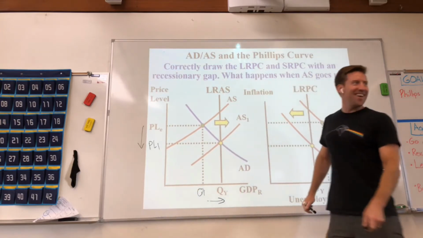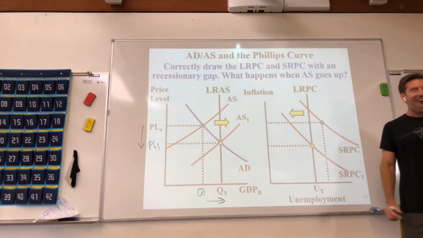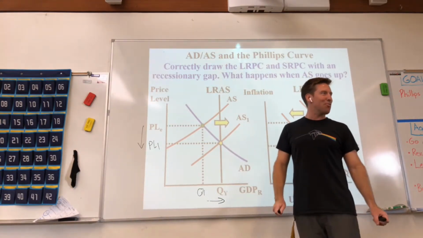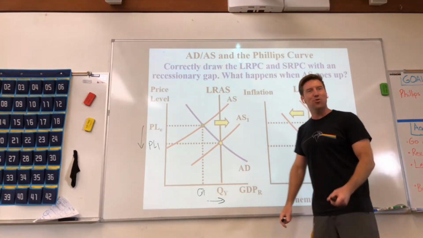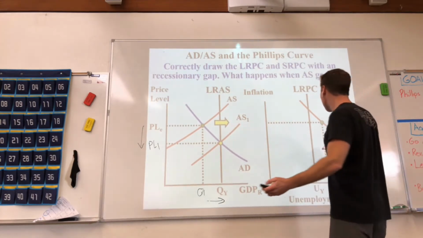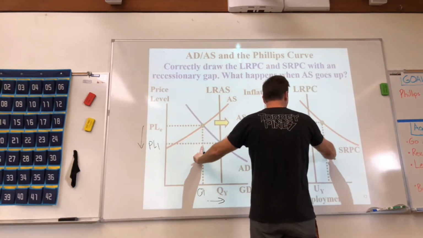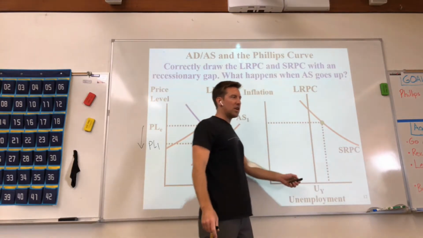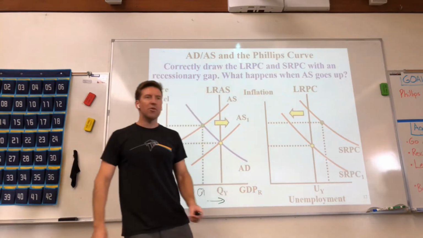It shifted it. If you have a shift in your aggregate supply, it's going to shift your short run Phillips curve. Because there was nowhere for it to go. You got down here and then you moved over and he was all by himself, right? He was all lonely. So you give him a brand new short run Phillips curve.